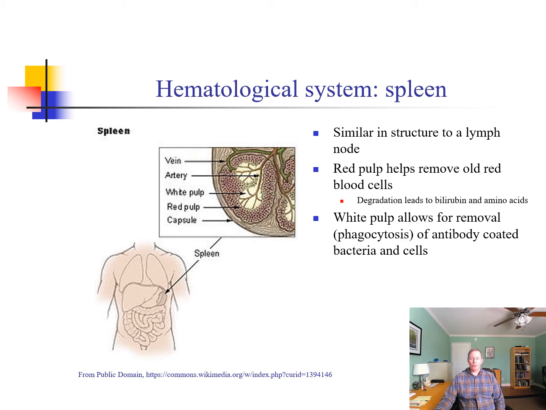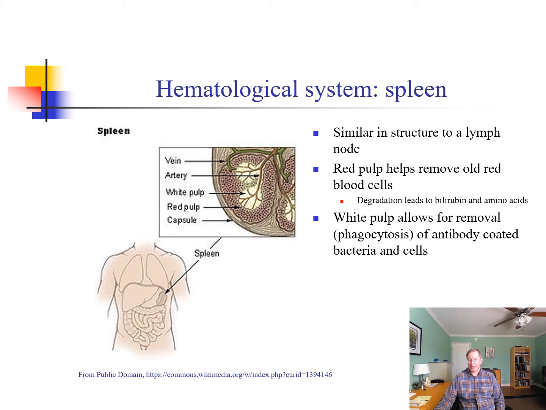Now, in this red pulp area, there are structures that are almost like the slats of a barrel with spaces in between that allow biconcave discs to pass through, but spheres basically bash up against that and are degraded.